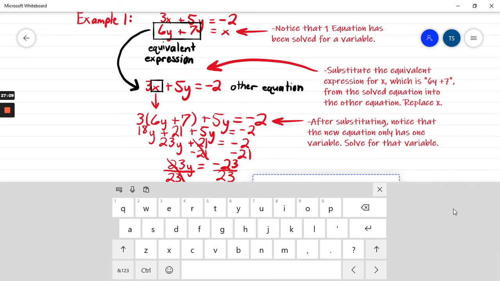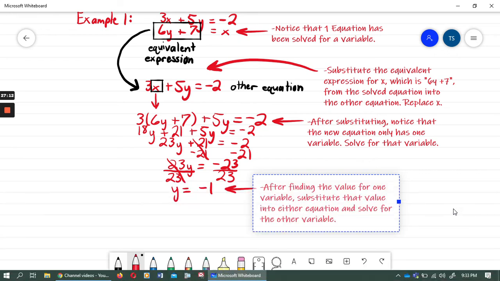That equation is 6y plus 7 equals x, and we're going to go ahead and replace y with the value that we just got here.